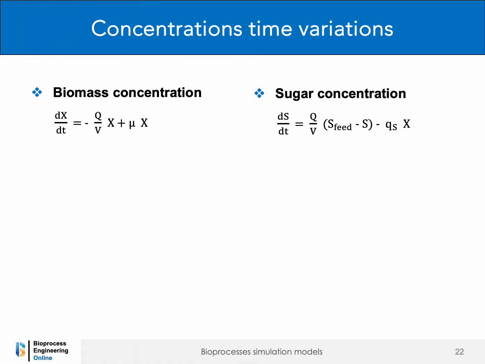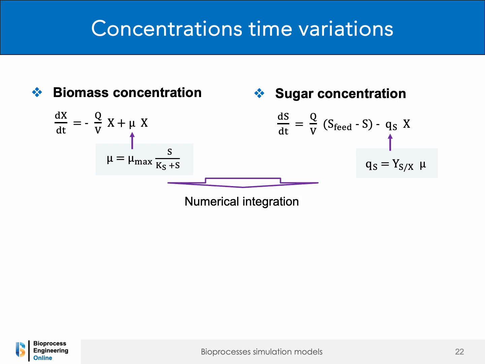The previously established instantaneous biomass and sugar mass balance equations are combined with the kinetic laws governing cell growth and sugar consumption. The resulting set of differential equations is then subjected to numerical integration to provide the dynamic variations in bacteria and sugar concentrations throughout the continuous fermentation.